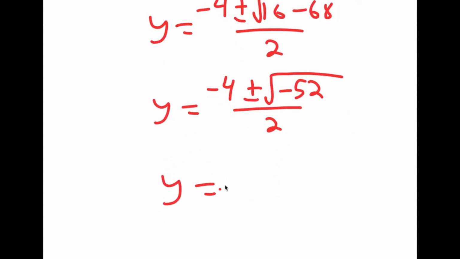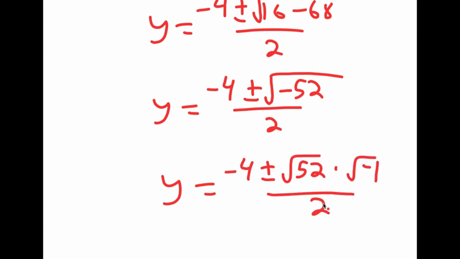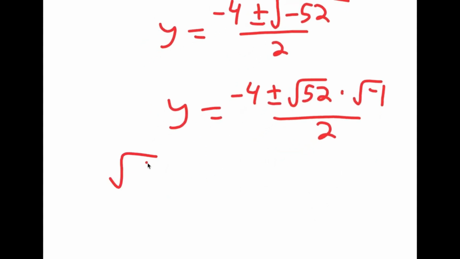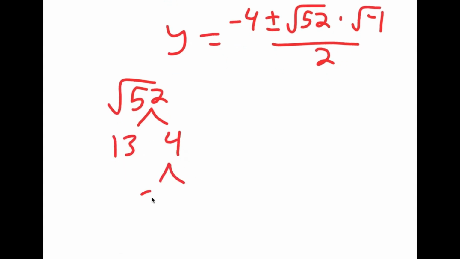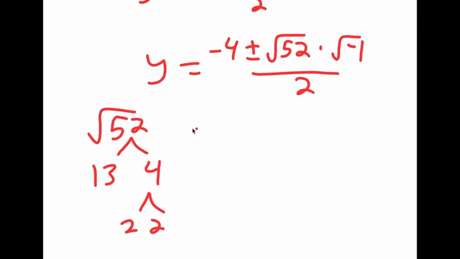And this is equal to negative 4 plus or minus the square root of 52 times the square root of negative 1 over 2. And the square root of 52, this can be simplified to, well, 52, that's 13 times 4, and 4 is 2 times 2, so this can be 2 root 13.